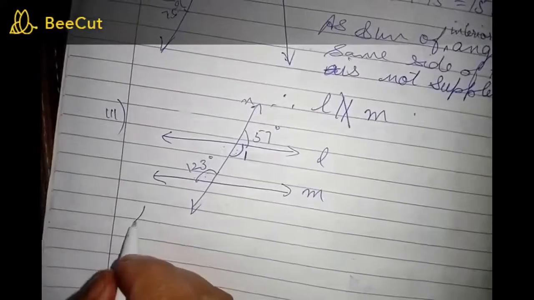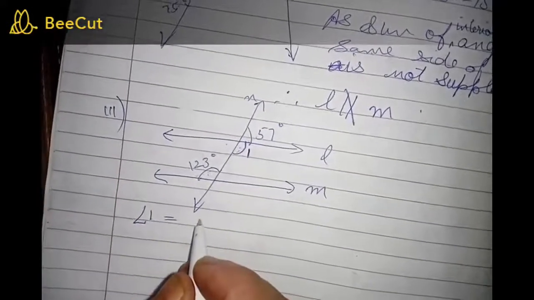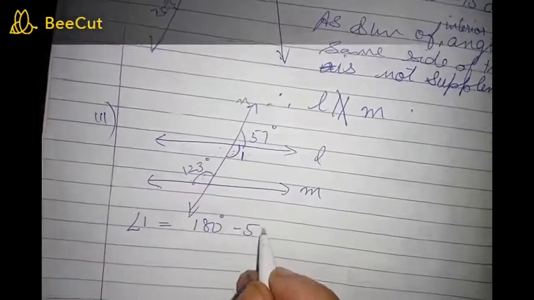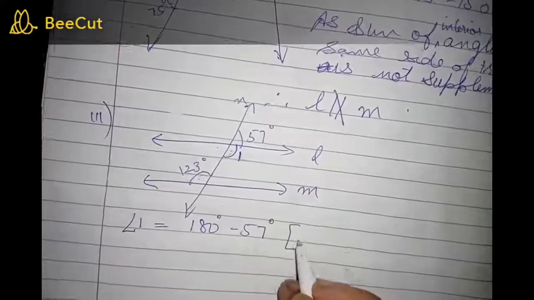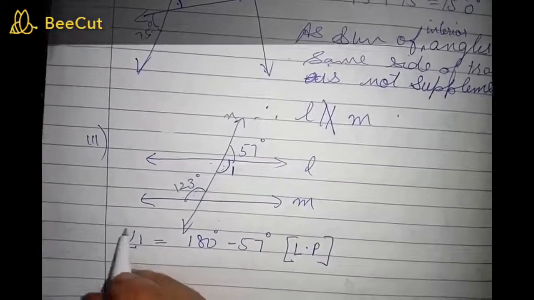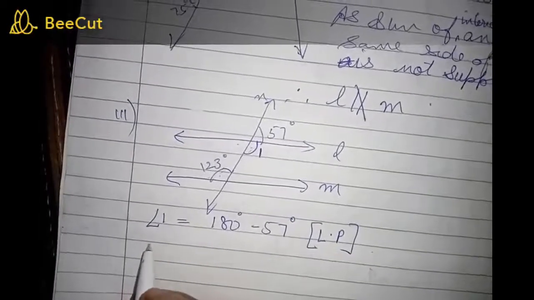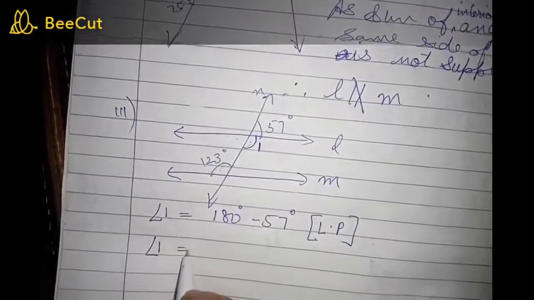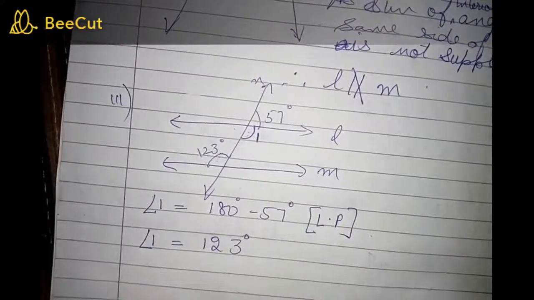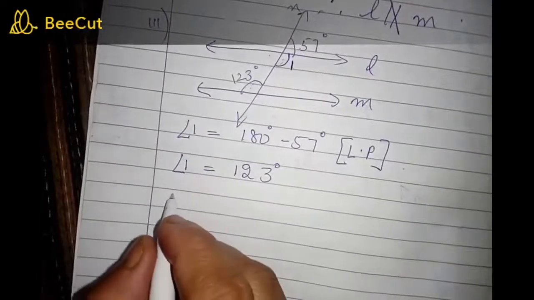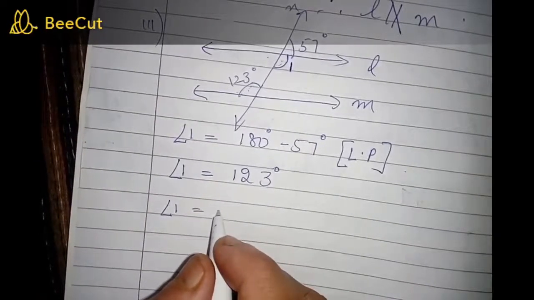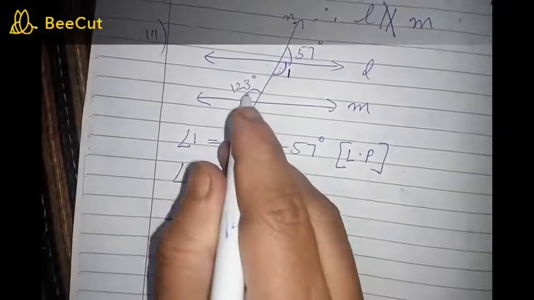Now angle 1 is equal to 180 degrees minus 57 degrees. Why? Because linear pair. Is it clear? Now you will get angle 1 is equal to 123 degrees.